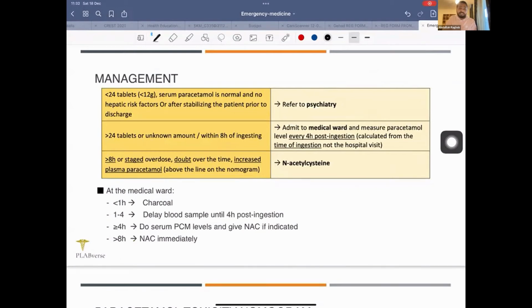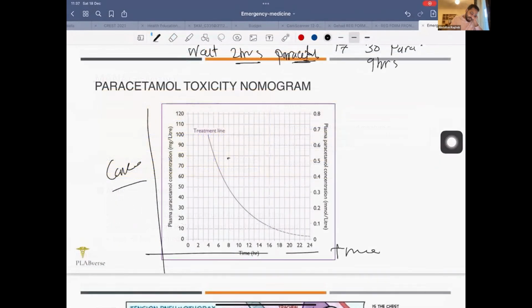A lot of scenarios. So if the patient has taken, we have a cut-off dose for the paracetamol: 24 tablets of 500 milligrams, or 12 grams per day. If the patient is above this line, it's a different story: end stage liver disease, and they might need a liver transplant.